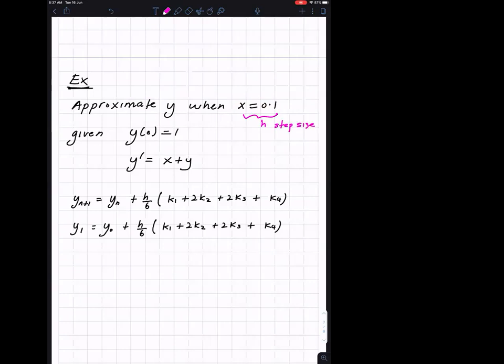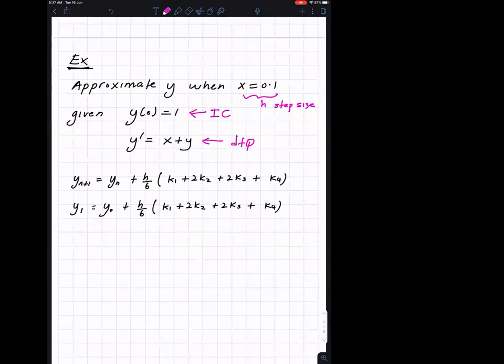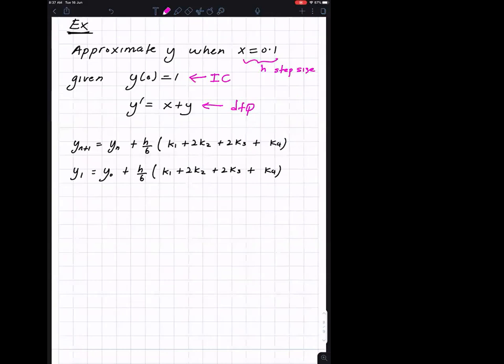This is the initial value, initial conditions. And this is the differential equation. And this is the general formula.